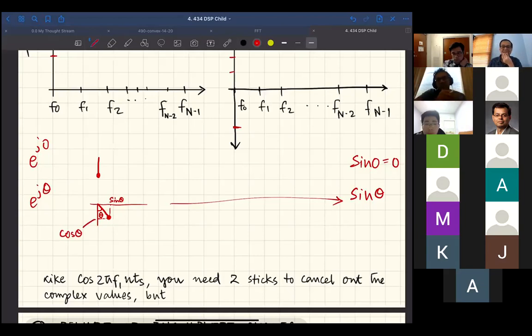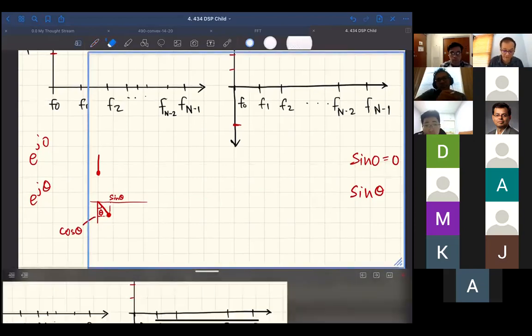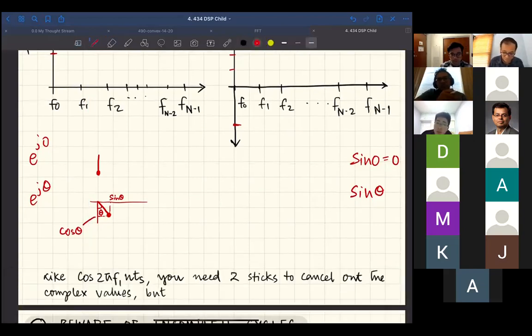What do you do? How do you cancel this out? Now you need to add something that you've realized by now. So what do you add to this? You need to add a stick that is moving really fast, which is the partner for the slow moving stick.